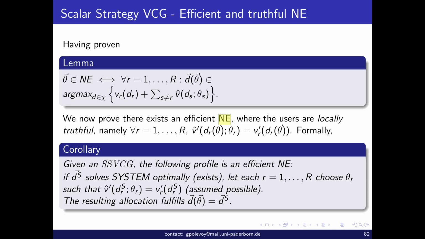And so formally, the corollary is as follows. Given this scalar strategy VCG, the following profile is an efficient equilibrium. What's the profile?